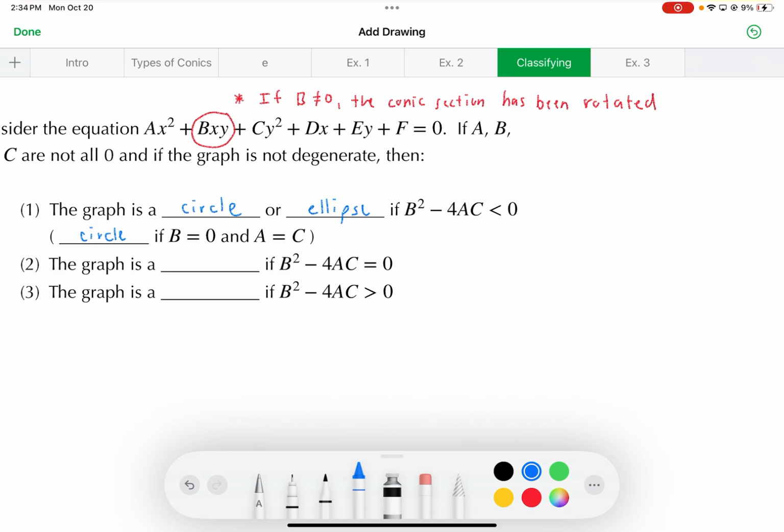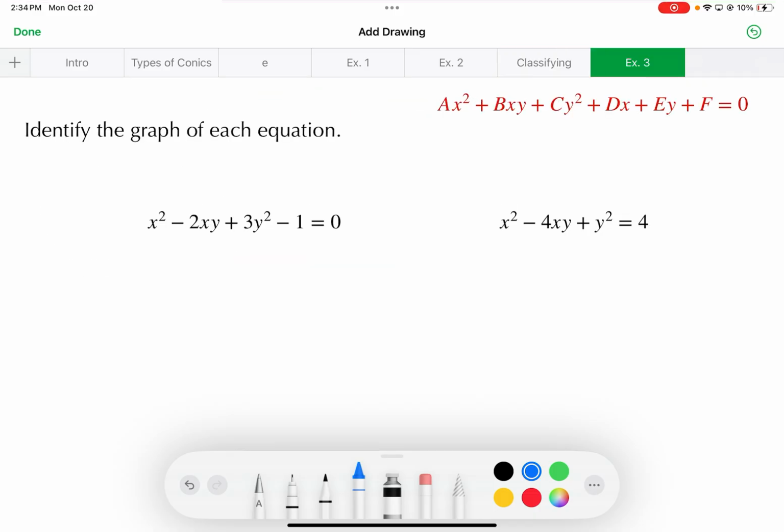And notice a is the coefficient on the x squared term and c is the coefficient on the y squared term. Okay? If that discriminant is 0, you'll get a parabola. And if that discriminant is greater than 0, that's where you'll get the hyperbola. Okay, those are rules you're going to need to know for the upcoming test.